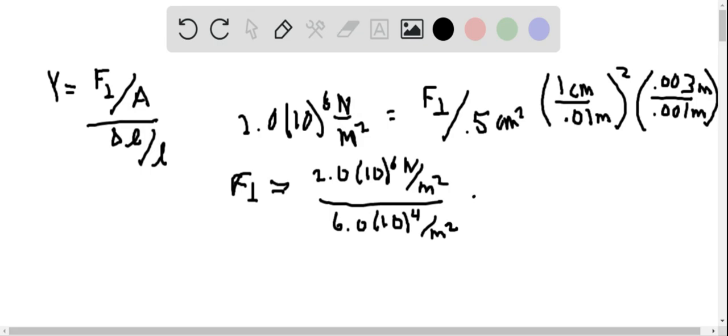And this gives us a value of the force as 33.33 newtons.